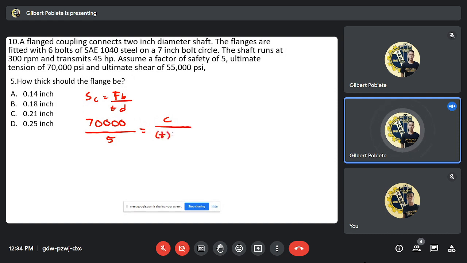Diameter of the bolt, 0.228. So solve natin 70,000 over 5 equals C over x times 0.228.